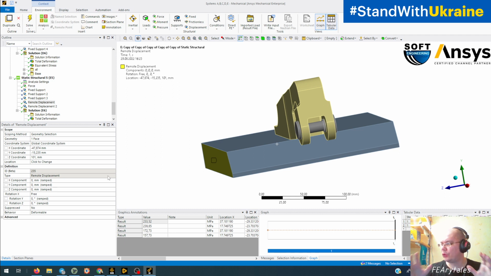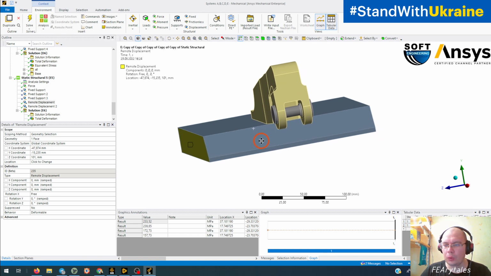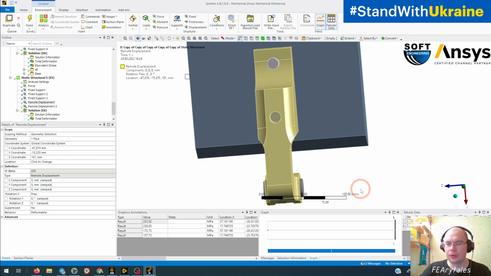We do it for not obtaining rigid movement of these bodies. On this, we have only y direction. And also we fixed some rotational degrees. On this side, we fixed rotation around y-axis, because it can't move like this.